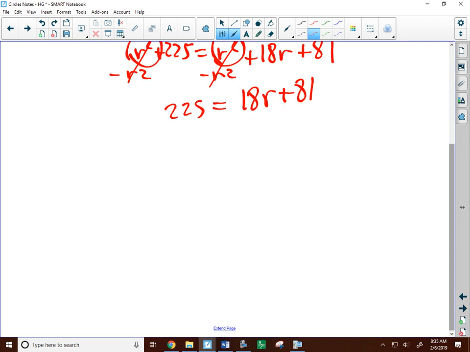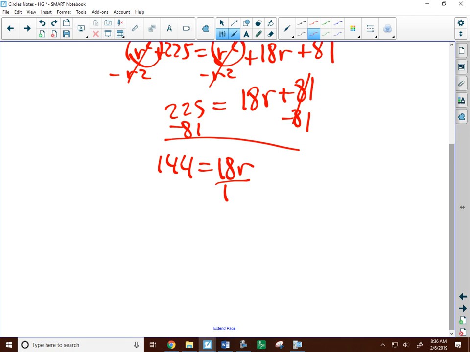Let's see, so I'm going to subtract 81. 144 equals 18r. And divide by 18. 8, right?